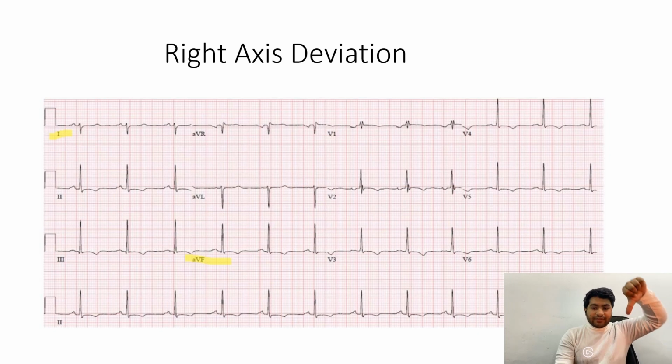So our left side is negatively deflected and our right side is positively deflected, right? Lead AVF is positively deflected. So as our right thumb is pointing upwards, we can call this a right axis deviation.